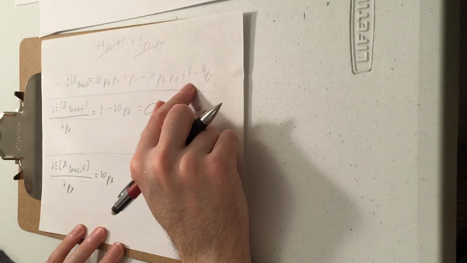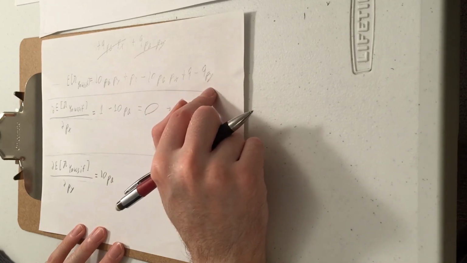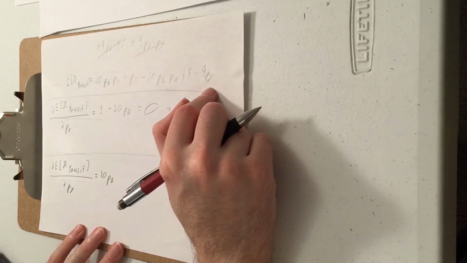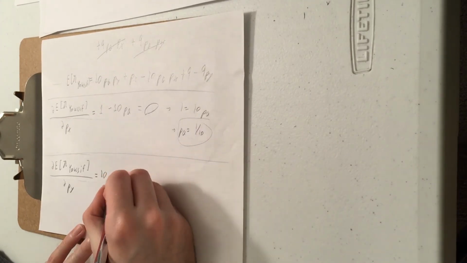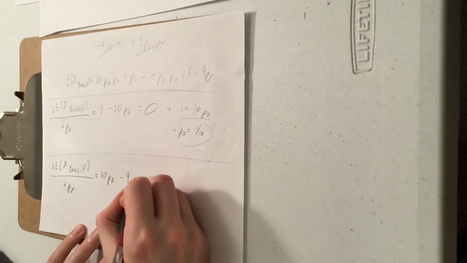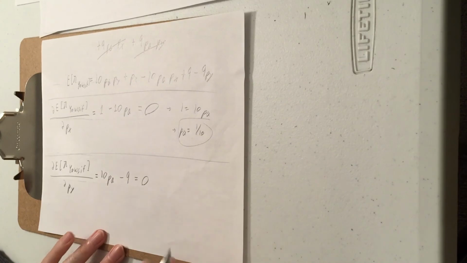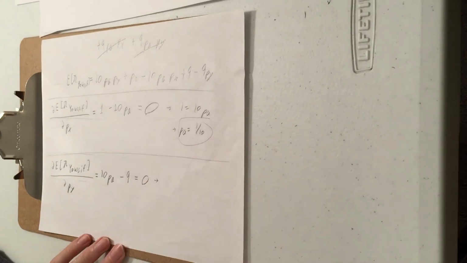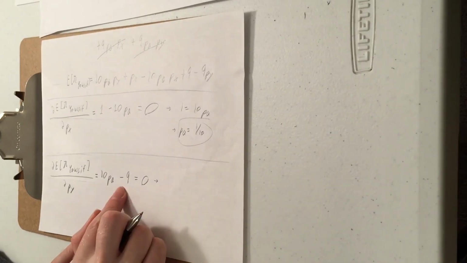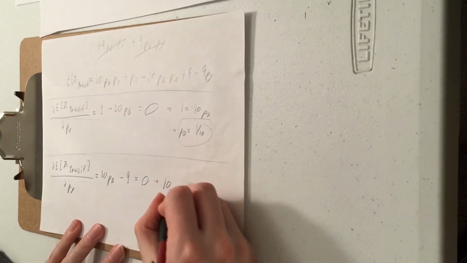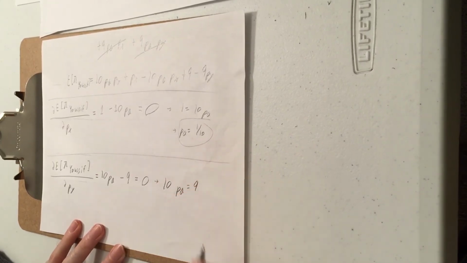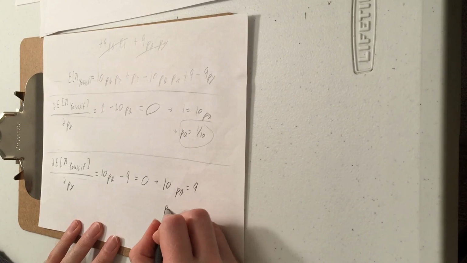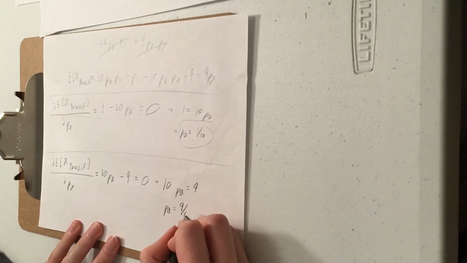That's a constant, goes away. Minus 9 PY, partial derivative with respect to PY is minus 9. So let's move the 9 over there. 10 PA equals 9. Divide both sides by 10. PA equals 9 over 10.